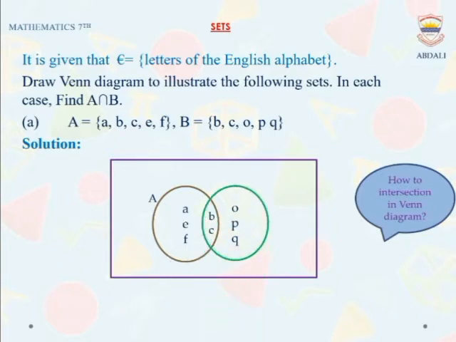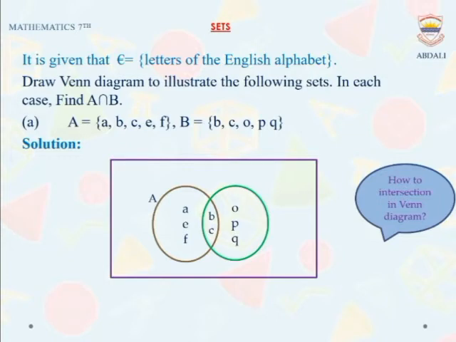So, set B will be drawn here. This green area represents set B. And we will not write BC two times because we know that a set contains no repetition.